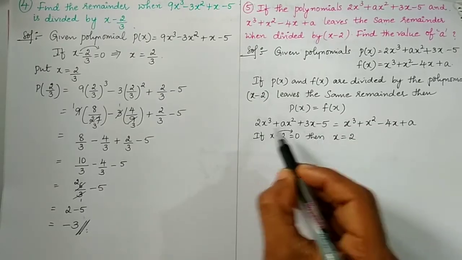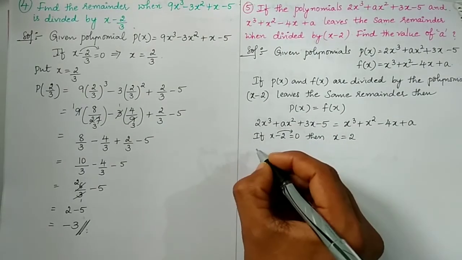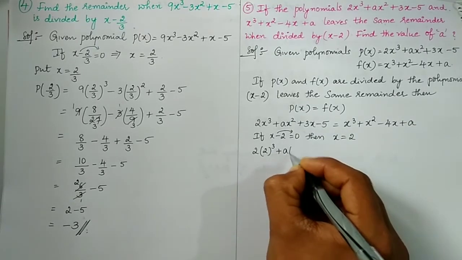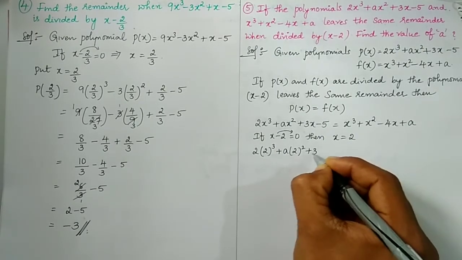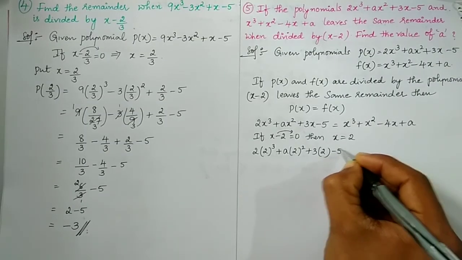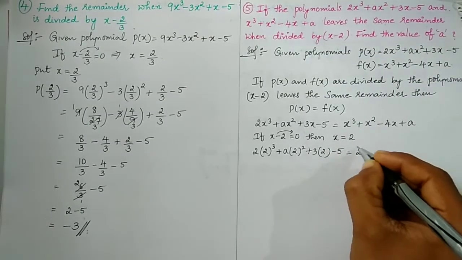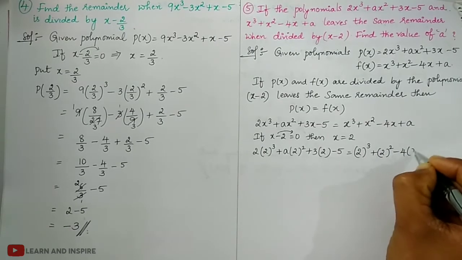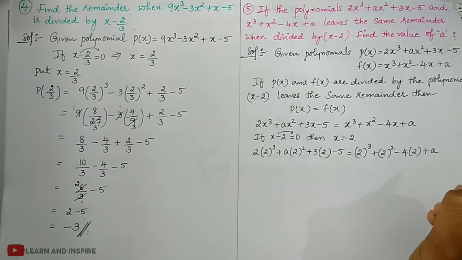Substitute x equal to 2 in these two polynomials, then we get 2 into 2 cube plus a into 2 square plus 3 into 2 minus 5 equals 2 cube plus 2 square minus 4 into 2 plus a.